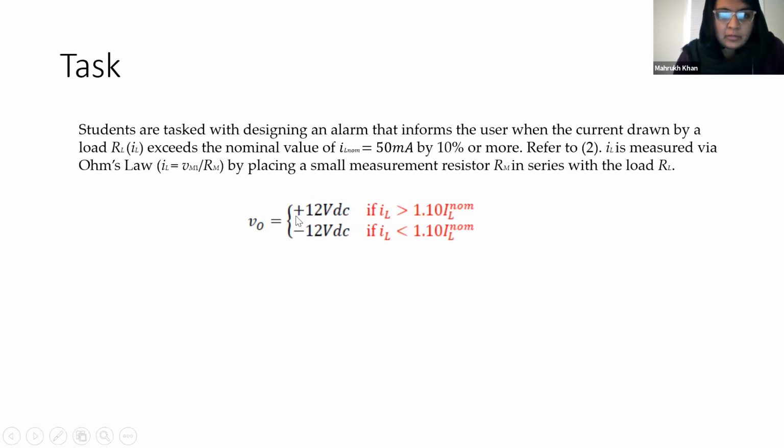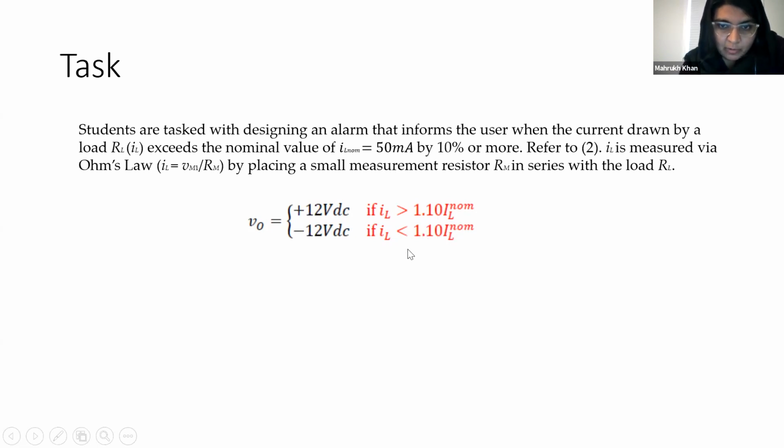Our red LED will light up if current exceeds 1.1 of IL nominal, which is 50 milliampere, and it will light green if the current is less than 1.10 IL. So 1.10 IL means that you have to multiply 1.1 by 50 milliampere.